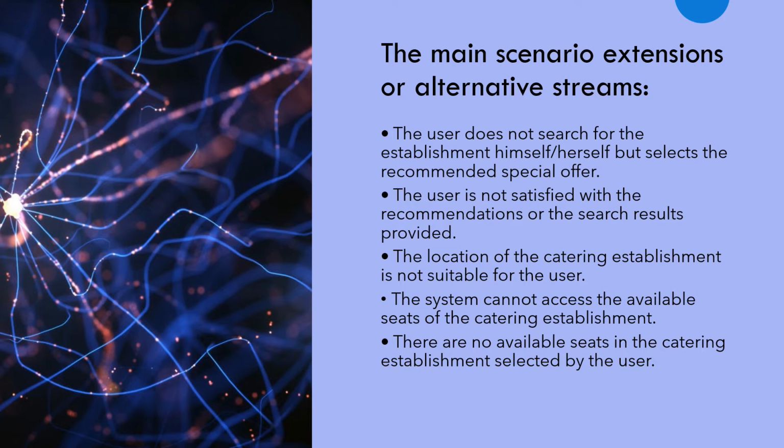The user is not satisfied with the recommendations of the search results provided. The location of the catering establishment is not suitable for the user. The system cannot access the available seats of the catering establishment. There are no available seats in the catering establishment selected by the user.